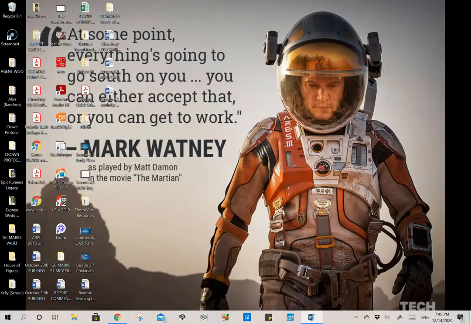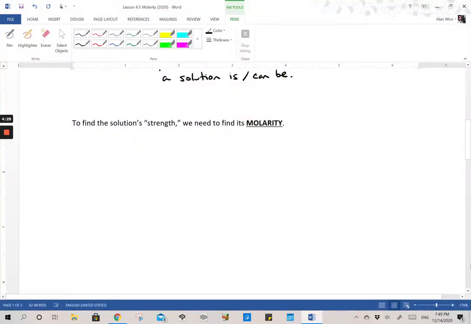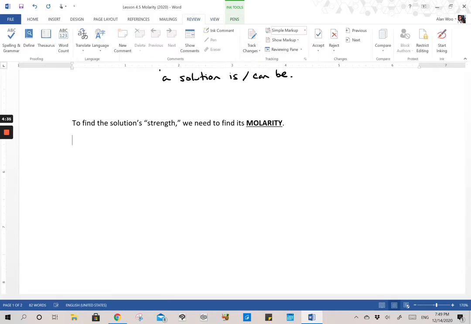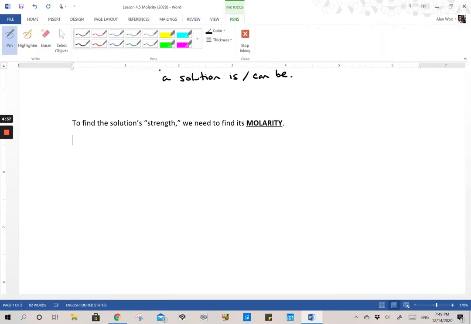To find the strength of a solution, let's get back into writing mode. To find the strength of the solution, we need to find the substance's molarity. Molarity is just a fancy word for looking at how much solute is in solvent, but we're not looking at it from the perspective of grams.